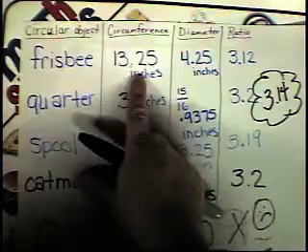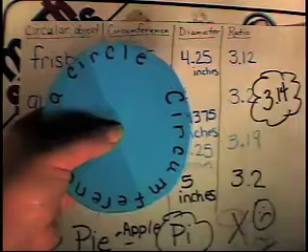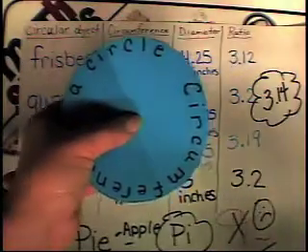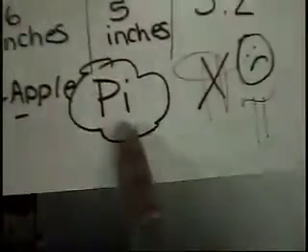And if we measure the diameter and put that down, the number of times the diameter would wrap around the circle always comes to 3.14, whatever those other digits are. That's correct. That is pi.